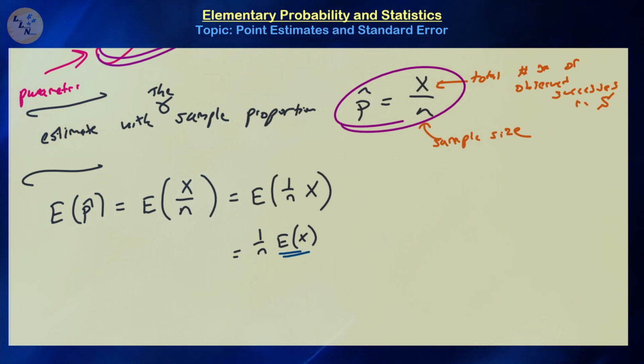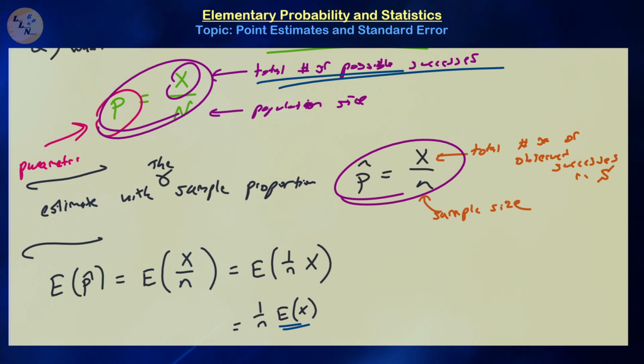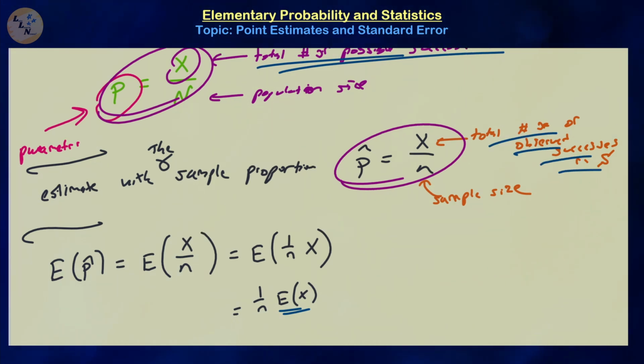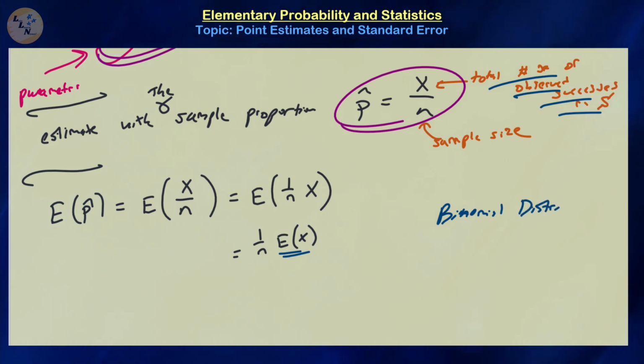Now what is the expected value of x? So x is the total number of observed successes in a sample. That is related to a binomial distribution, right? So remember, the binomial distribution represents the probability of getting an observed number of successes out of a sequence of independent Bernoulli trials.